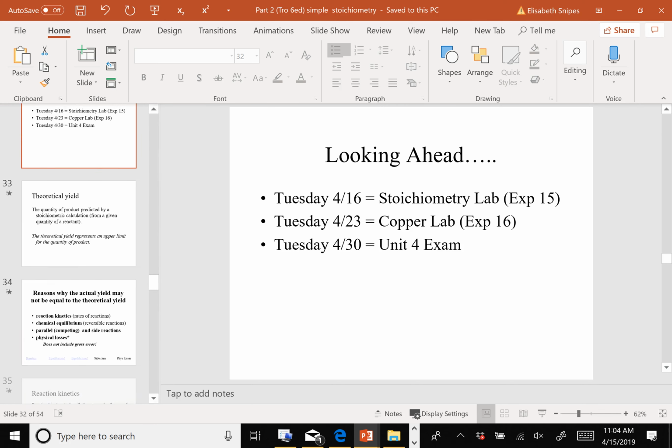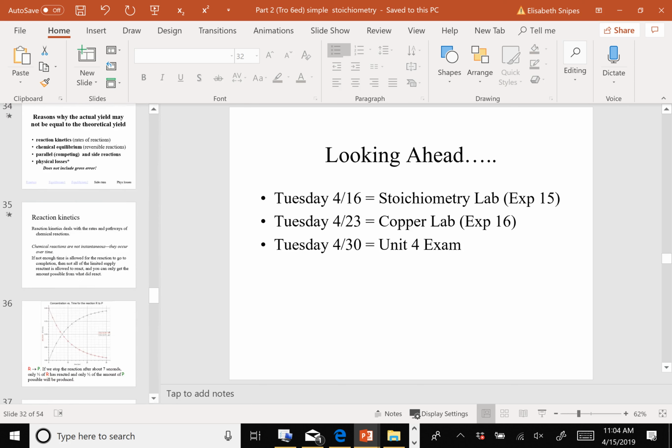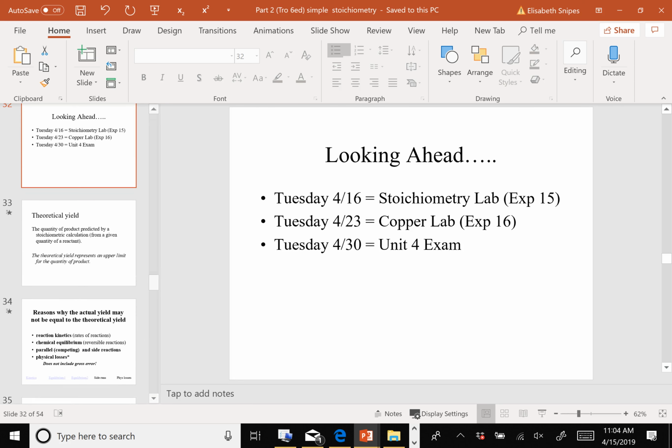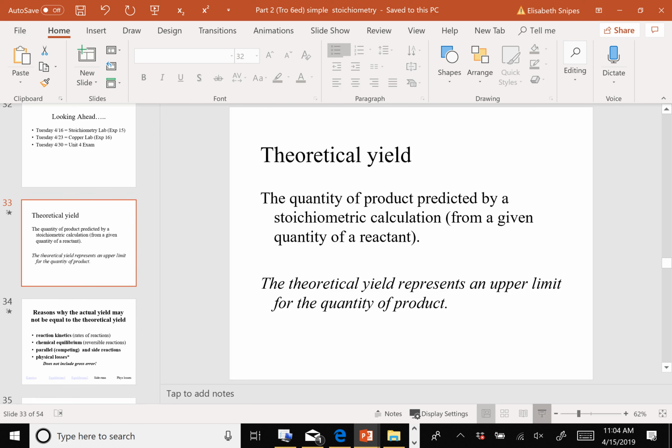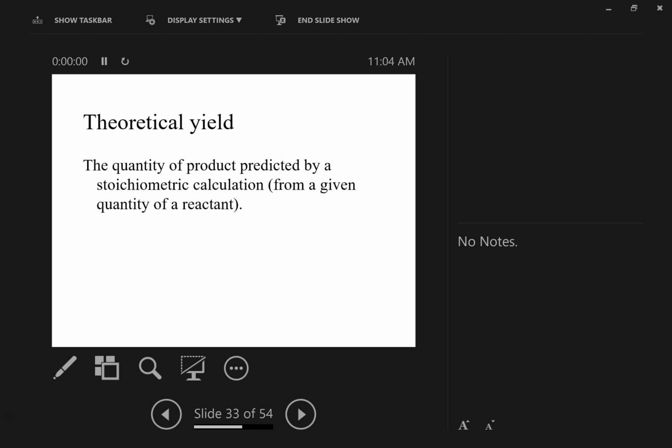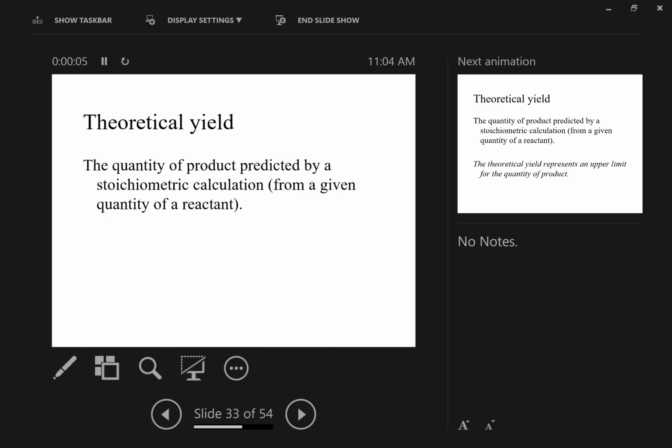And that specific calculation is what we call a theoretical yield calculation. Anytime you're going from the mass of a reactant to the mass of a product, such as this, you are calculating the theoretical yield.